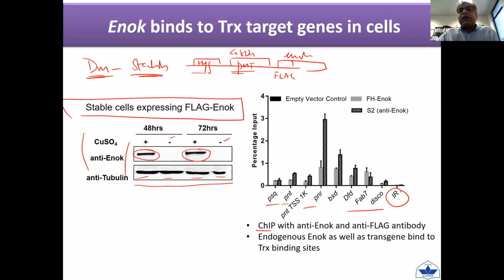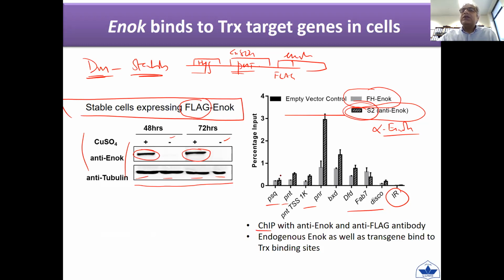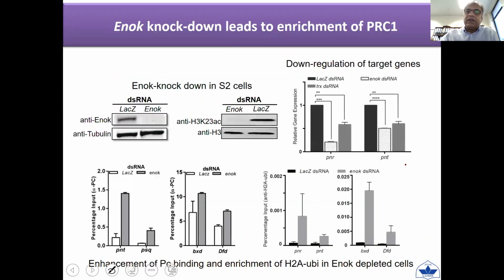What you have here is ENOC ChIP with anti-flag, the epitope tag antibody, and then ChIP from endogenous ENOC using anti-ENOC antibody, which means not from the transgene and not from the stable cells, but from wild type cell line. And you see very strong enrichment, and the pattern is also similar.